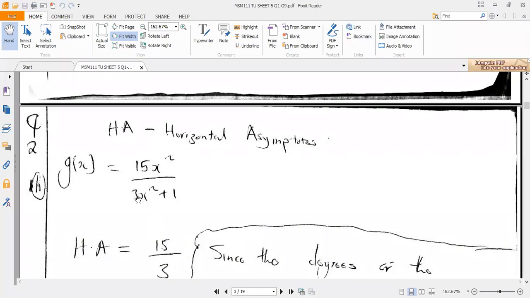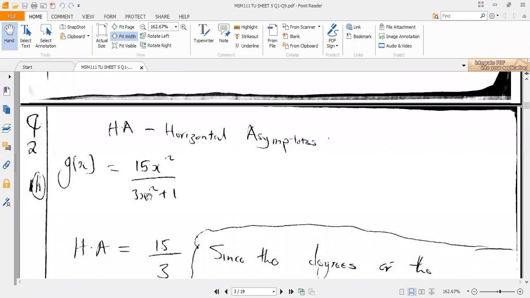But when the degree on the numerator is less than the one on the denominator, you know that you don't have the vertical asymptotes there. And another thing you should remember is that when the degree of the polynomial on the denominator is higher than the one on the numerator, that's going to tell you that the horizontal asymptote is always 0. I don't know if you have gotten that point, but I'll explain this.